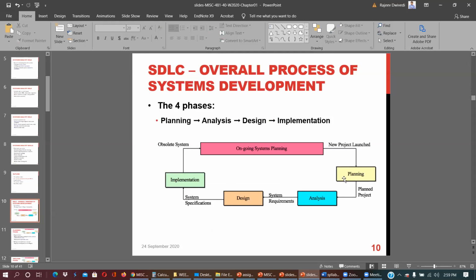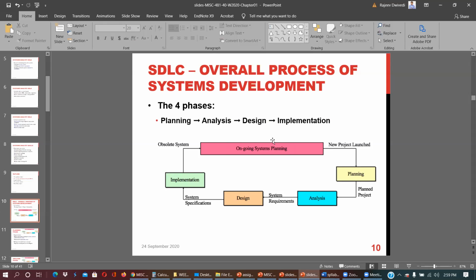The very first thing: planning, analysis, design, implementation. So 1, 2, 3. Some people have divided these 4 phases into 6 phases, some into 5 phases. It's a different author, a different way of explaining. But these are the 4 phases: planning, analysis, design, and implementation.